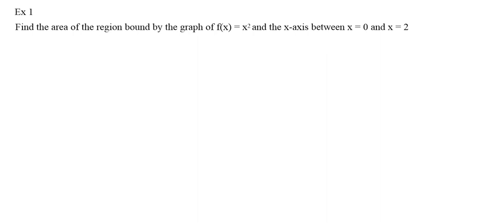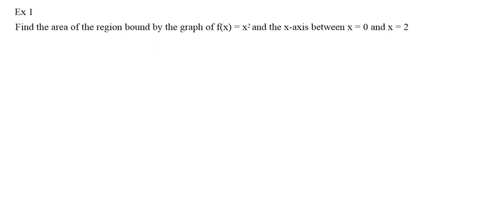Find the area of the region bound by the graph of f of x equals x squared, the x-axis between x equals 0 and x equals 2. Notice, this problem is different from the previous ones because it doesn't say use a left or right or mid or trap sum with n partitions or n subintervals. It doesn't say any of that. It just says find the actual area under the curve.